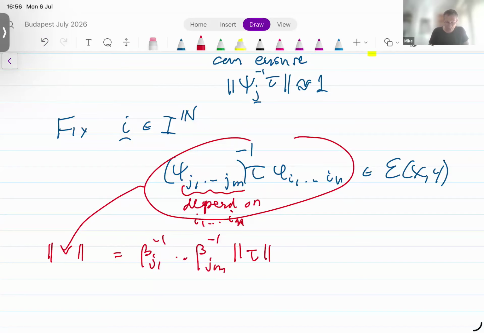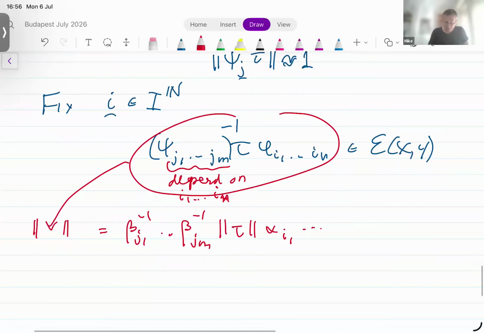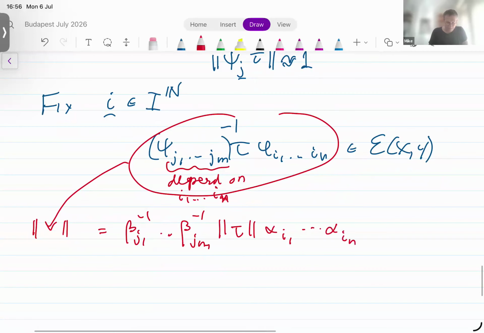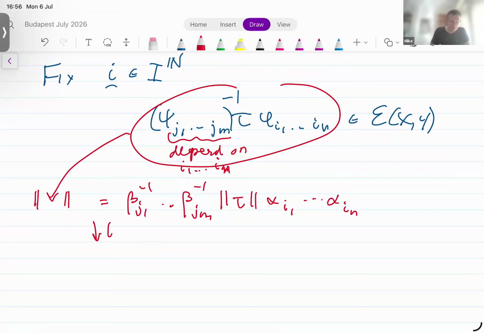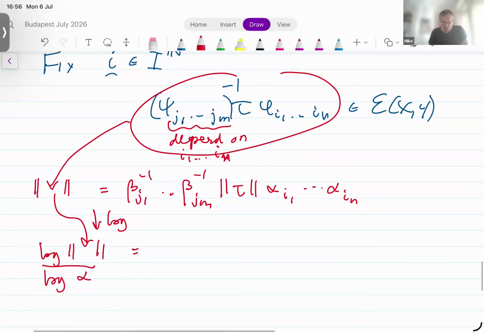Then we have the contraction ratios alpha I1 up to alpha In. And if we take logs, I want to take log in base alpha, so I'll divide by log alpha. Then this product turns into a sum.